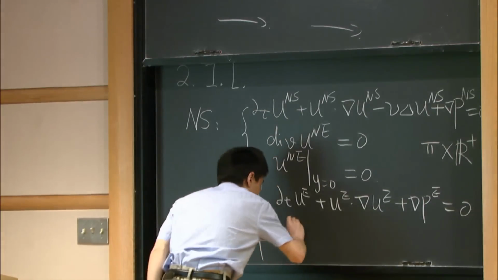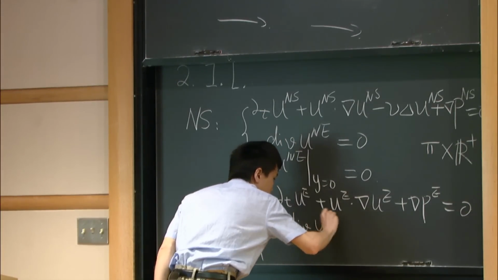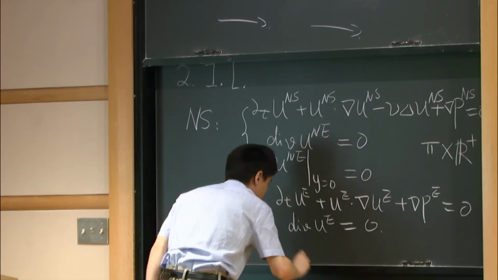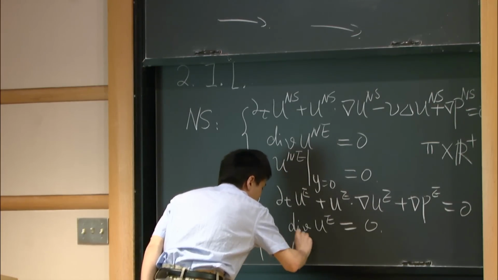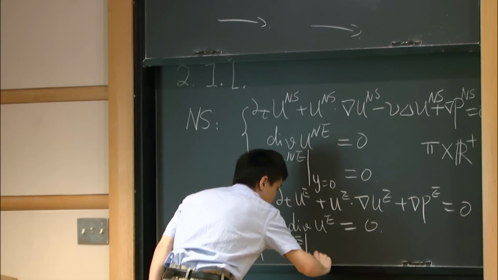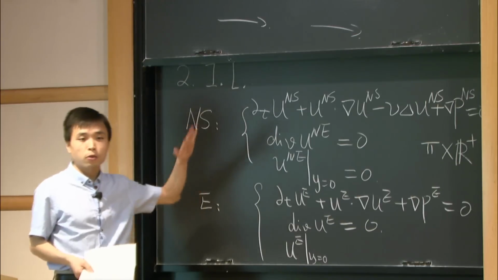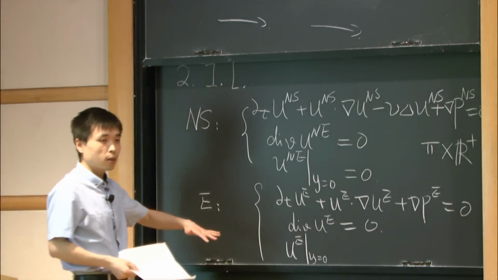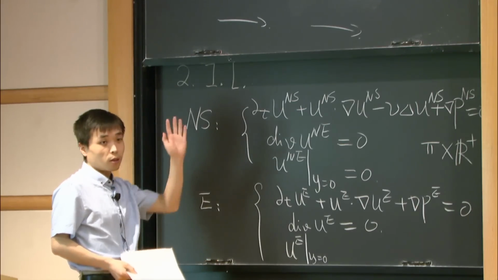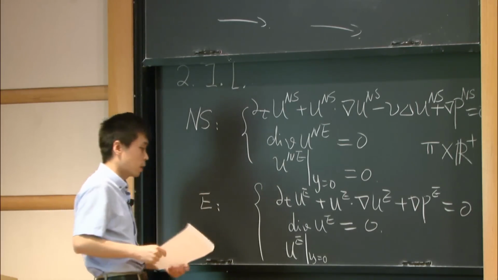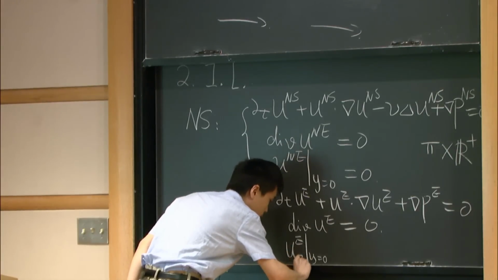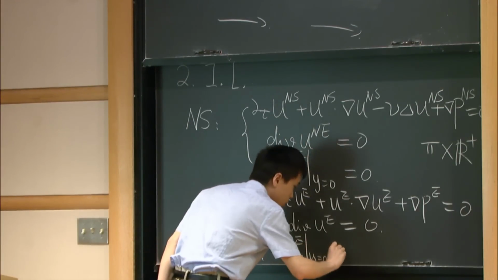And of course, we have the divergence free condition, so it's incompressible. For the Euler equation, the boundary condition is a bit different. We only impose the non-penetrating boundary condition, which means that the vertical component of the velocity is 0, only the vertical component.